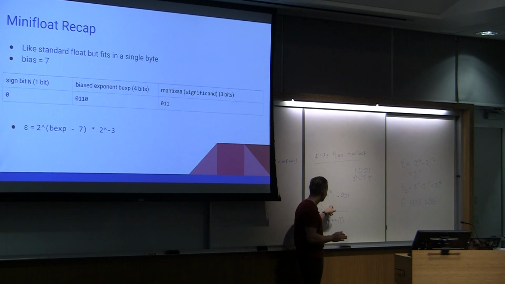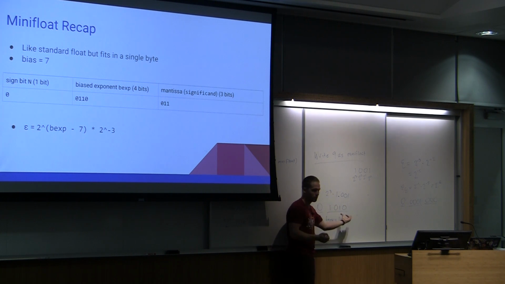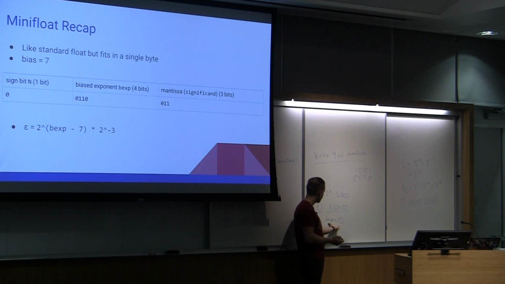Then to write the number 10 as a 4-bit number, I have 8 plus 2 plus 0 and 0. So this is 8 and 2 and then nothing else. So I've written that my biased exponent is 10. When I subtract the bias of 7, I'm going to get the 3 that I wanted in my original number.